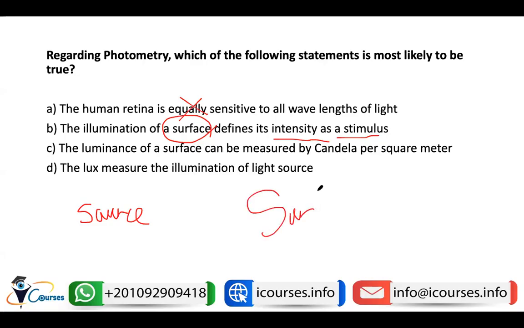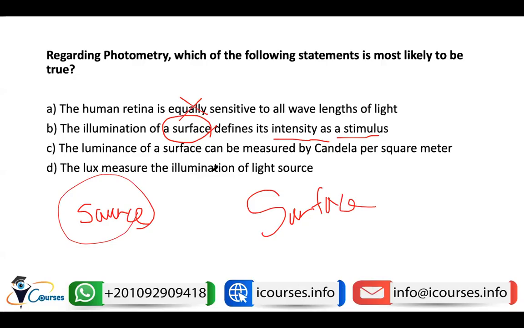So they are not measuring the light coming from the source, but the light reflected from the surface. The light intensity, light power or light flux is coming from the source, not reflected from the surface, whereas illumination from a surface is the luminance and the illuminance.